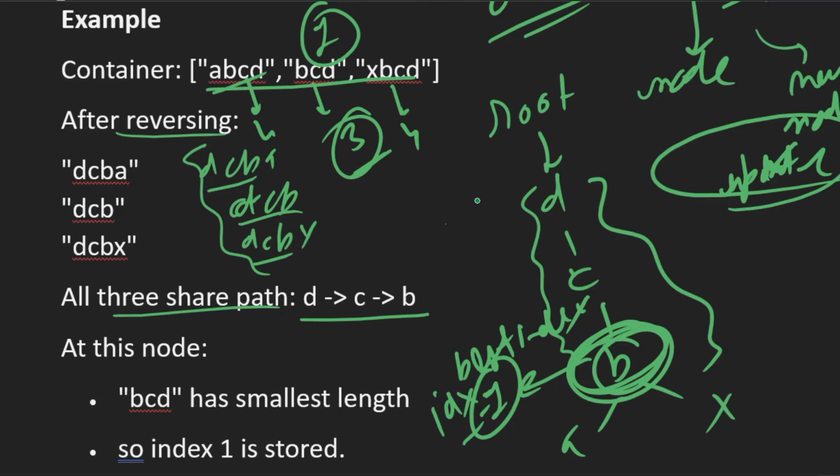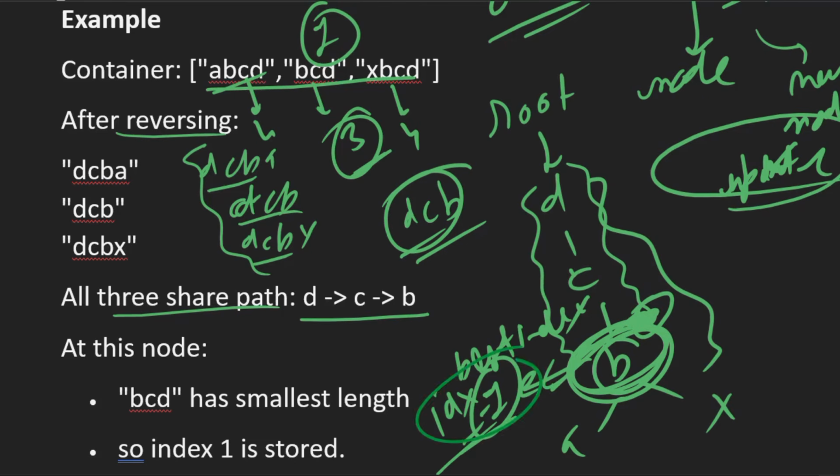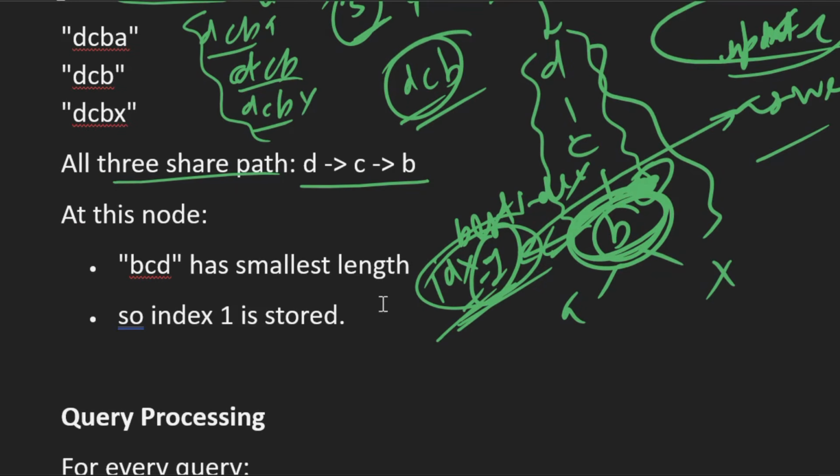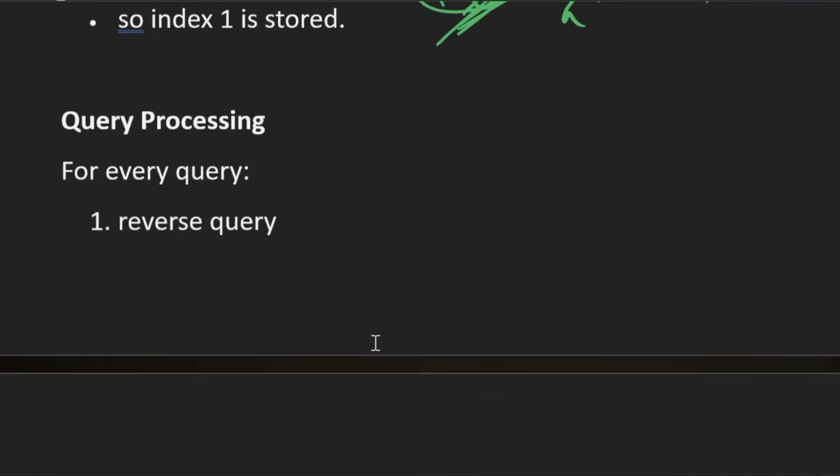Now when we do a query, suppose we have to do a query for dcb, we stop here, so we directly see the index value here. The index value is 1, so that is our answer directly, right? We don't have to check all the words, we directly take the best index value stored.